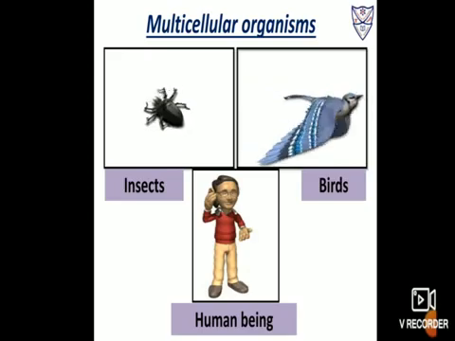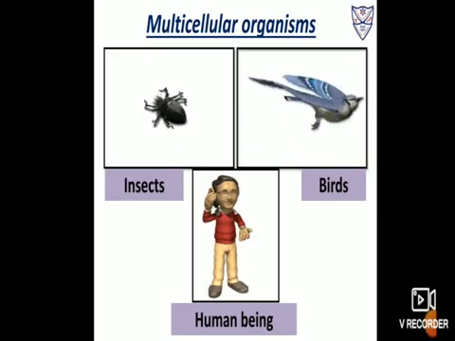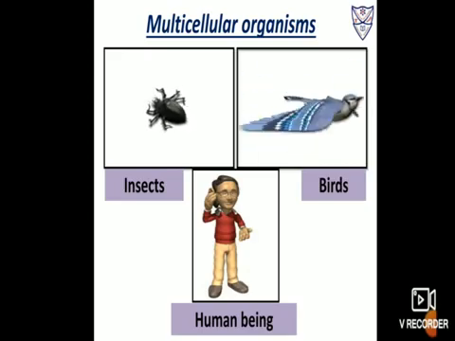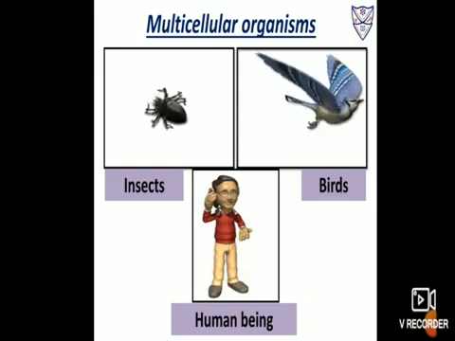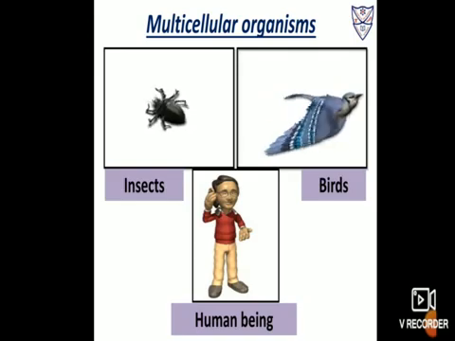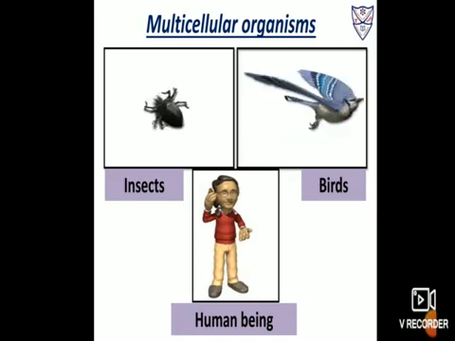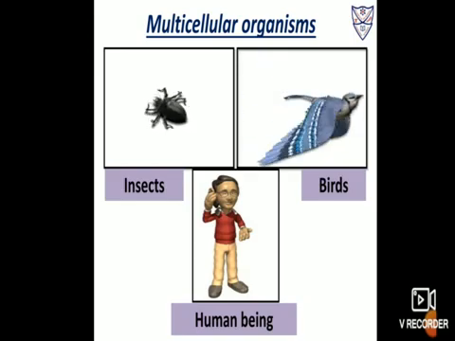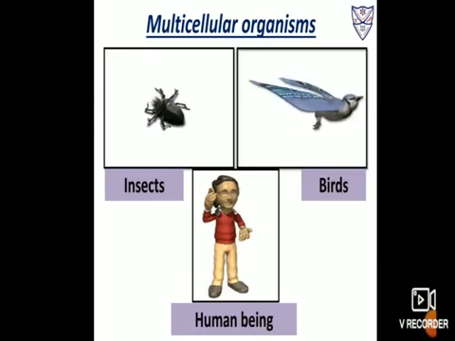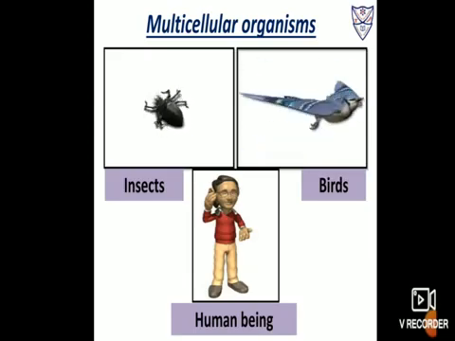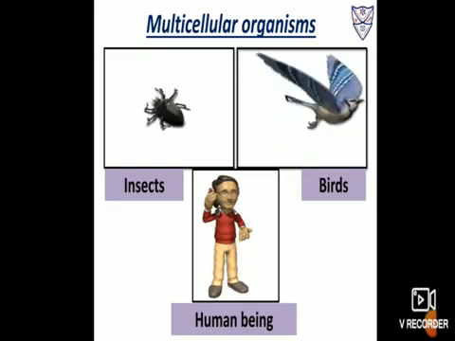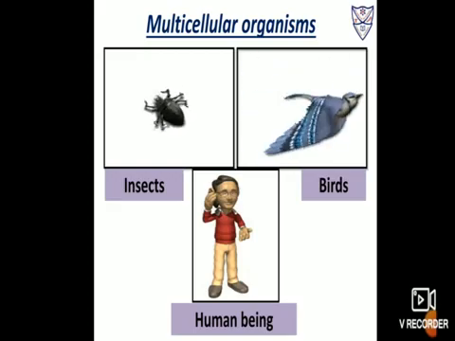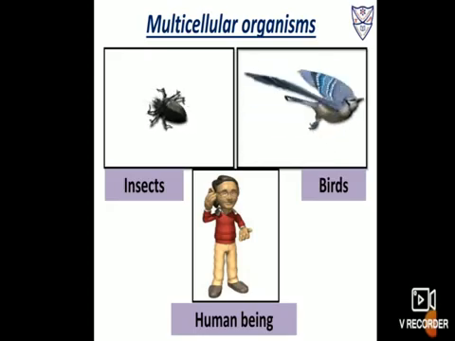All multicellular organisms, including human beings, show division of labor. It means different parts of multicellular organisms perform different functions. For example, the human body has a stomach to digest food, heart to pump blood, skeleton and muscles to perform movements, and so on.